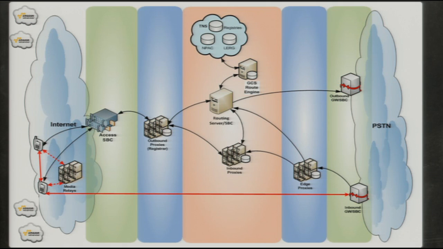Then we have a bunch of different voice over IP proxy servers that can route the call. In the middle, you can see smart routing engines to support different routing to different carriers and interconnecting with the carriers. And then on the right side is also some kind of a cloud, but it is the PSTN cloud.